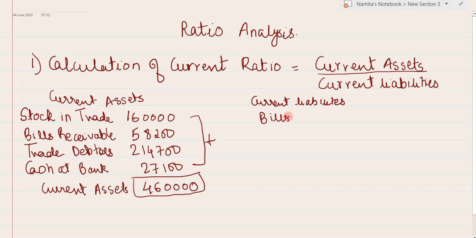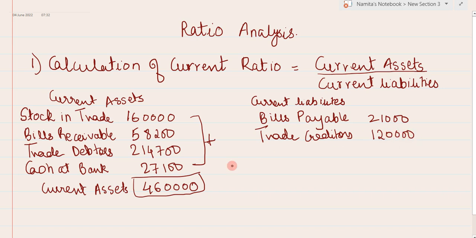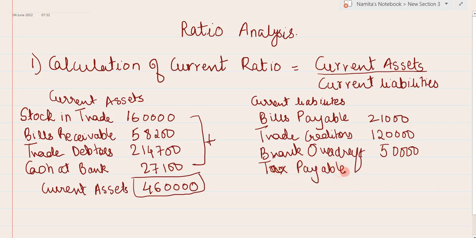Bills payable 21,000, then trade creditors 1,20,000, bank overdraft 50,000, tax payable is 9,000.